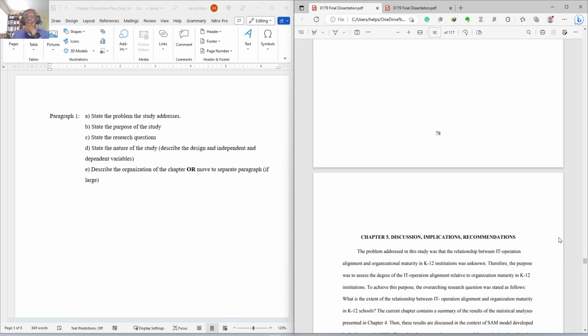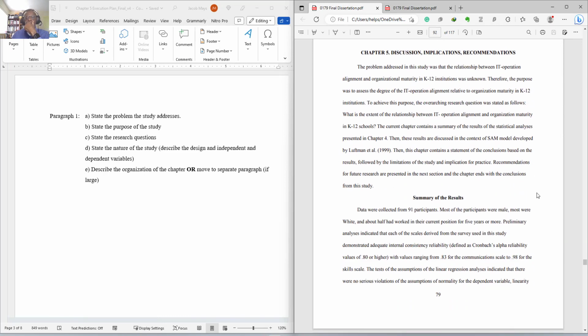Okay. So, she starts off, the problem addressed in this study was that the relationship between IT operation alignment and organizational maturity in K through 12 institutions was unknown.